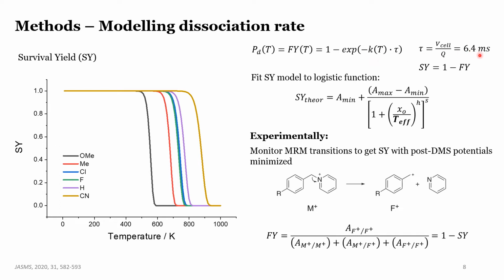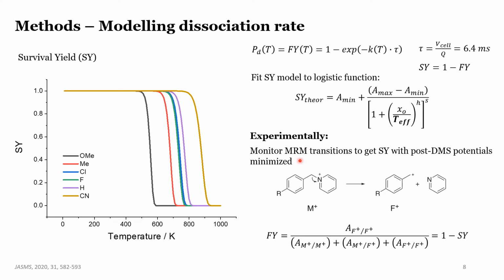Using a DMS residence time of 6.4 milliseconds, which is derived from the volume of the cell and the gas flow rate Q, and the fact that the survival yield is 1 minus the fragmentation yield, we can plot the survival yield as a function of ion temperature. These plots can be fit with special logistic functions to account for asymmetry in the sigmoid, yielding a tidy relationship that can be rearranged to solve for ion effective temperature given an experimentally obtained survival yield.